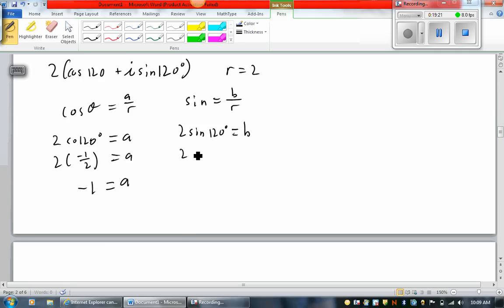And that's going to come out to 2 times radical 3 over 2, which is radical 3. So this means our final answer, remember, we're looking for a plus bi form. Negative 1 plus radical 3 i. Don't forget to put that i in there.